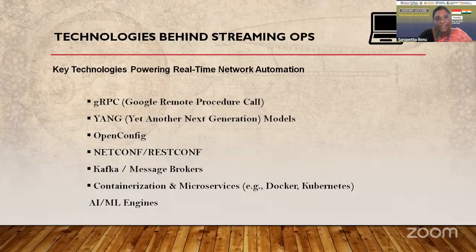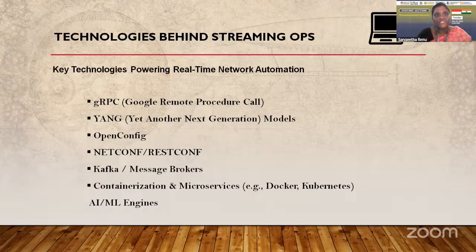OpenConfig is a collaborative initiative led by network operators to define open standardized YANG models. NETCONF is a protocol used for retrieving and modifying device configuration using XML over SSH. RESTCONF is a lightweight protocol based on HTTP that uses JSON. Both work with YANG models to expose device data and configurations.